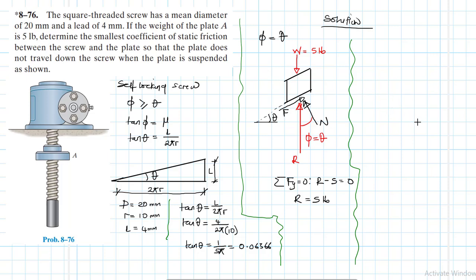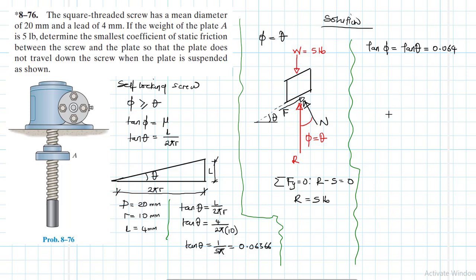So we also know that tan phi itself is supposed to be equal to tan theta, and we know what tan theta is. We just calculated it there. It is 0.064.